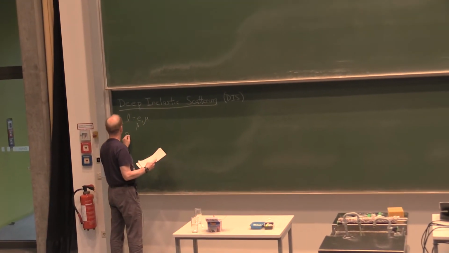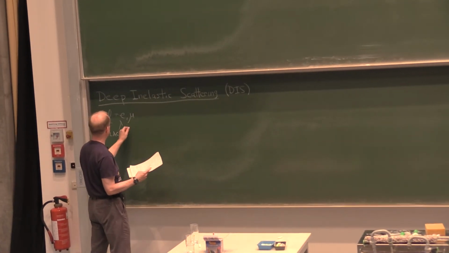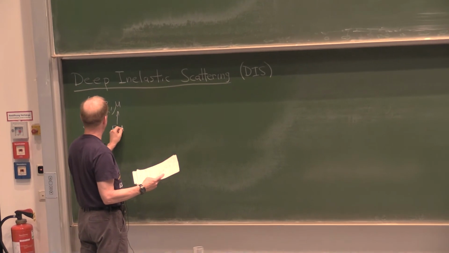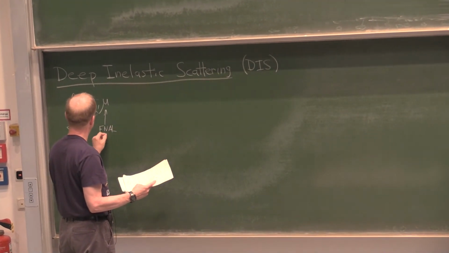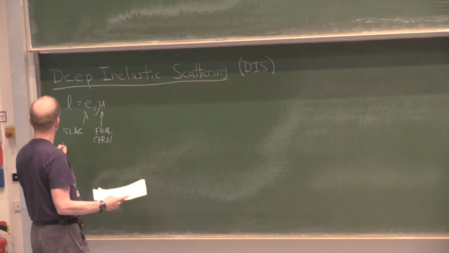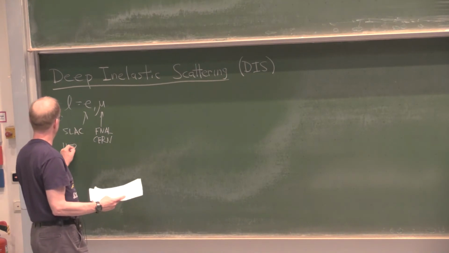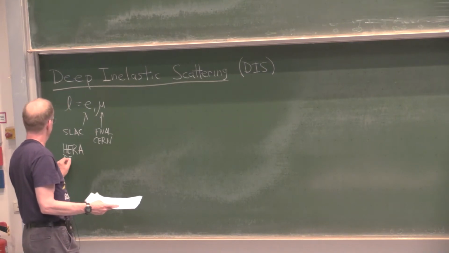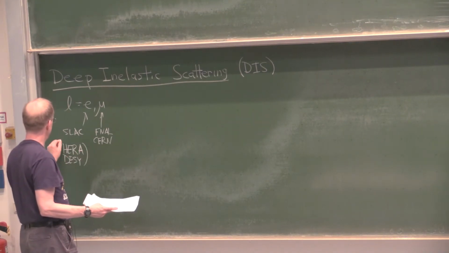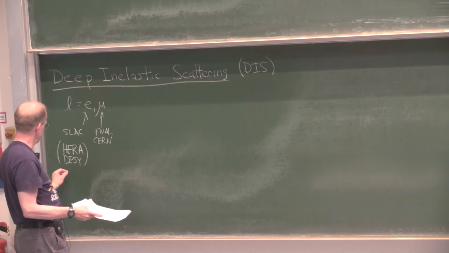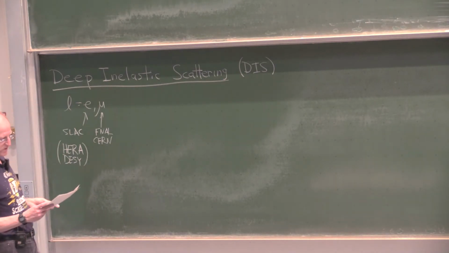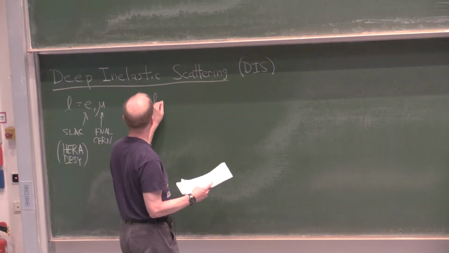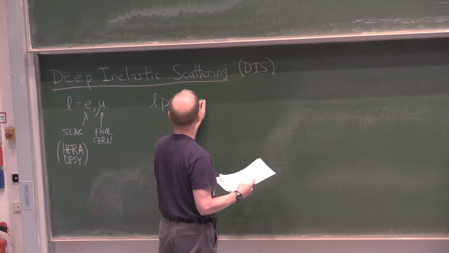Electrons were used at SLAC in the 1960s, and muons were used at Fermilab and CERN later on and gave higher energy. And then there was a collider, HERA, they used at DESY. They used electrons and positrons, and it was colliding beams, so it got to much higher energies. And so we're going to do lepton-proton scattering.